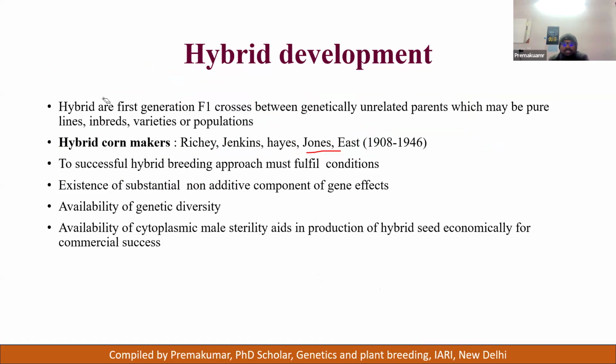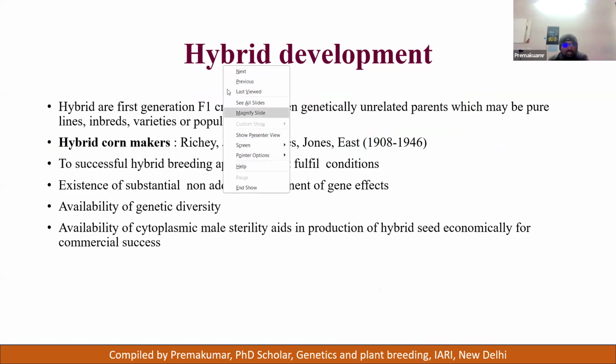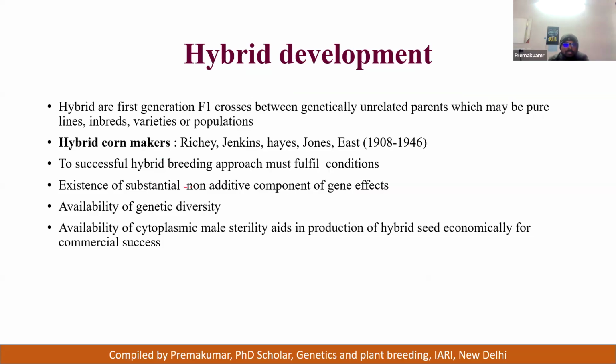Means there will be a substantial non-additive component of gene effects. The non-additive components are dominance, over dominance, epistasis. And also the availability of genetic diversity, meaning it should be high.